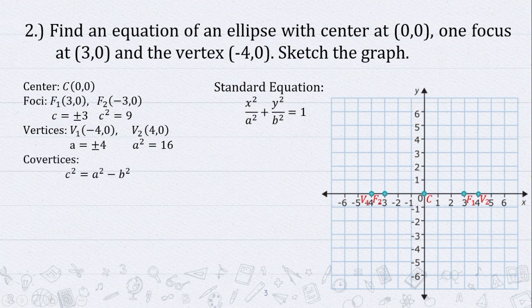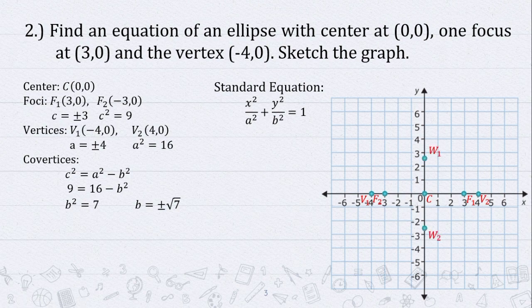Now to get our b squared, or the distance from the center going to our covertices, we will be using the same formula. c squared is equal to a squared minus b squared. Substituting the values, we have here 9 is equal to 16 minus b squared. Therefore, our b squared here is equal to 7, which means that our b is positive or negative square root of 7, which is approximately 2.65 units.